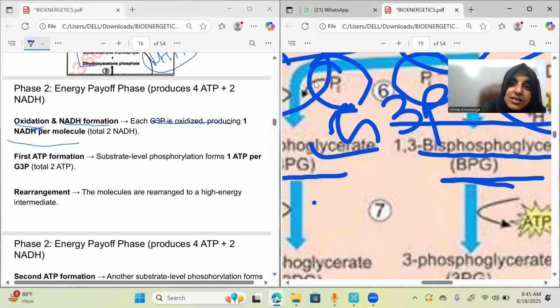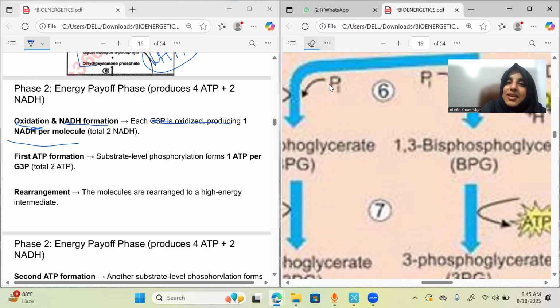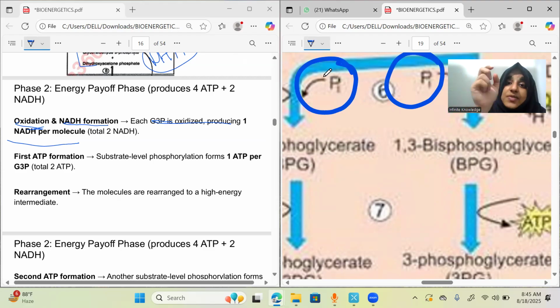Wait, let me just erase it. I just did something. Okay, now it's erased. See, this is Pi. What is this Pi? This is inorganic phosphate, right? Which is attaching to what? That is attaching to the G3P.